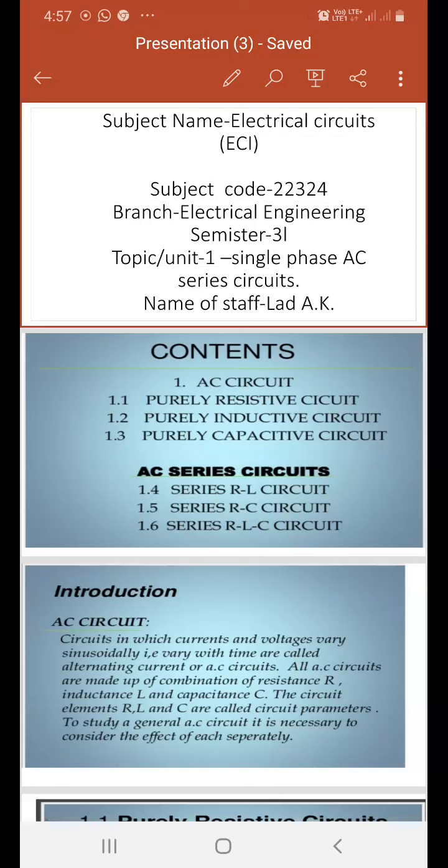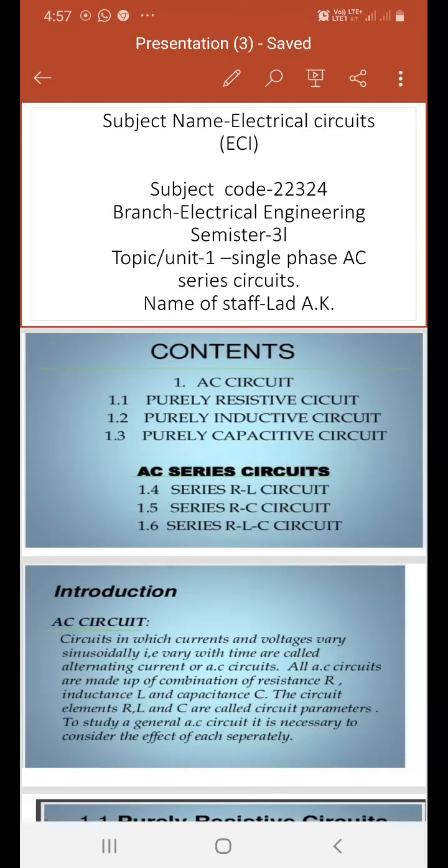Today we will discuss unit first, single phase AC series circuit. The content of AC circuit: 1.